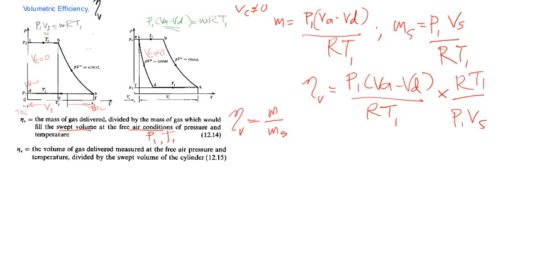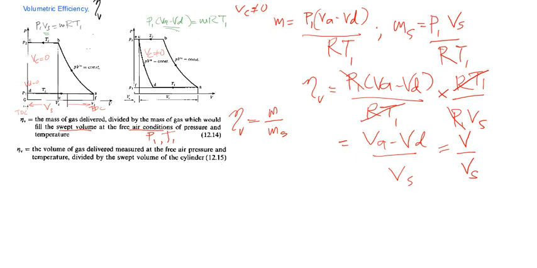So this cancels off, P also cancels off. What is left is (VA minus VD) divided by Vs. For our case, VA minus VD is also known as V, divided by Vs. What is V? V is the amount of air inducted into the compressor measured at P1 and T1.